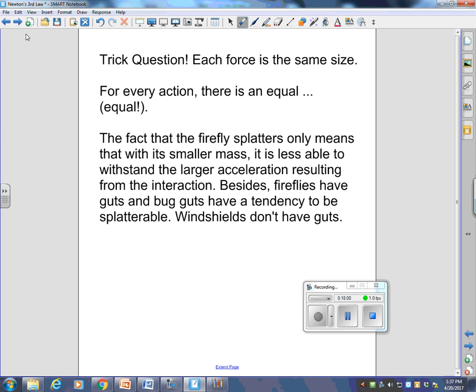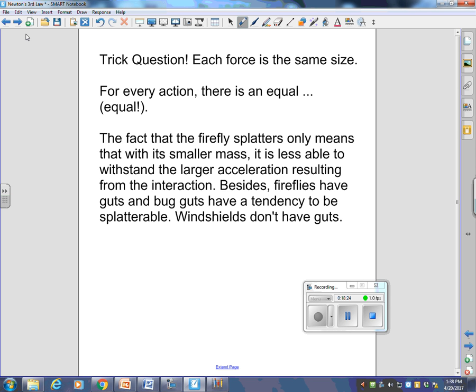Trick question. Each force is the same size. The fact that the firefly splatters only means that with its smaller mass, it is less able to withstand the larger acceleration resulting from the interaction. Besides, fireflies have guts, and bug guts have a tendency to be splatterable. Windshields don't have guts. They're very solid, right? But the forces are the same.